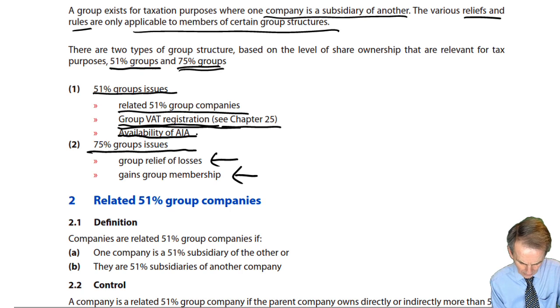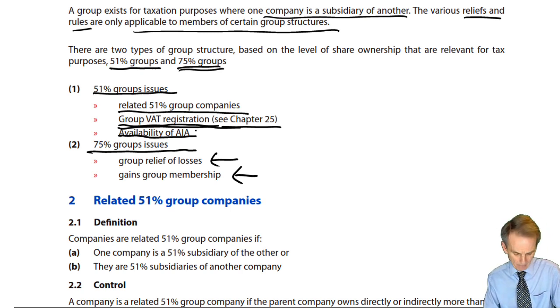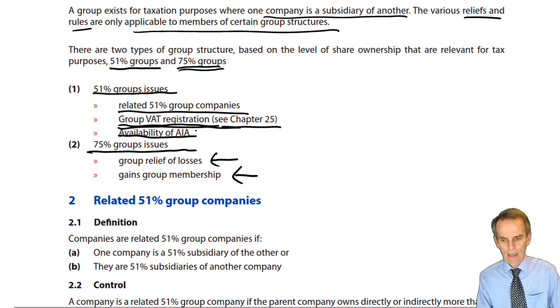Also, what we saw in chapter 16, the availability for capital allowance purposes of AIA. And that rule, as we'll see in these notes, is that there's only one AIA. We know we have an AIA limit, our annual investment allowance limit of £1 million. But you don't get that in each company.